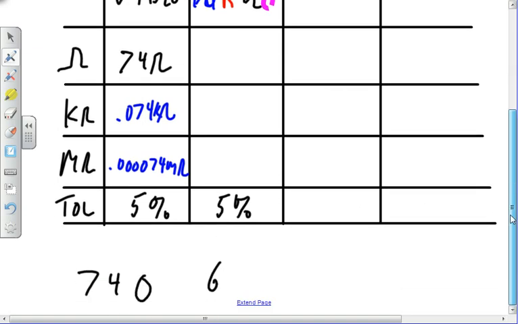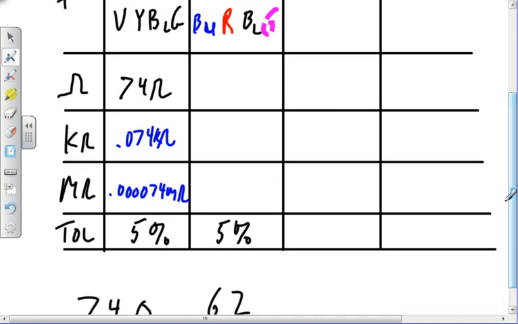Red is a 2. Is it still black? How come they put black in there again? For a 0. Okay, so that's 62 ohms, 0.062 kiloohms, 0.000062 megohms. All right, last one, and I'm done with problem number 1.